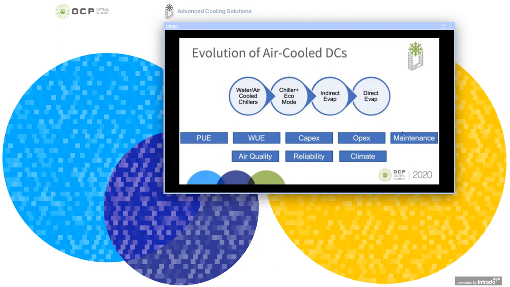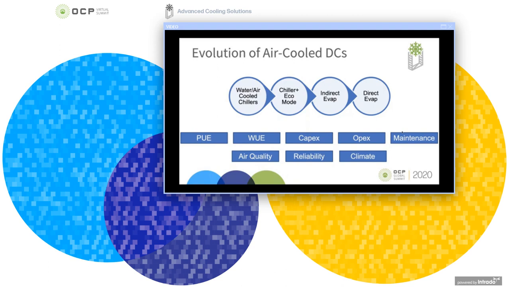There has been a lot of work, thought, and investment into optimizing air-cooled data centers. As we moved from chiller-cooled DCs with higher mechanical overhead to introducing economizer hours and trim chilling, and even getting further into free cooling, whether it's indirect or direct-based evaporative cooling.